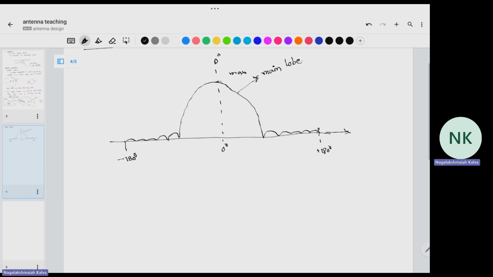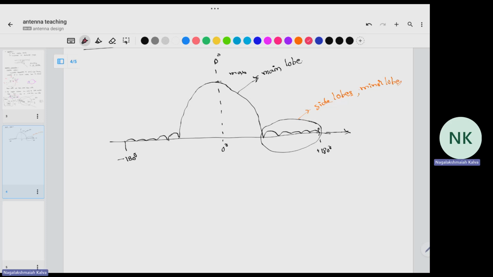In any radiation pattern, wherever you are getting maximum power, we can call it the main lobe. Other than the main lobe, all other lobes we can call side lobes, or you can say minor lobes.